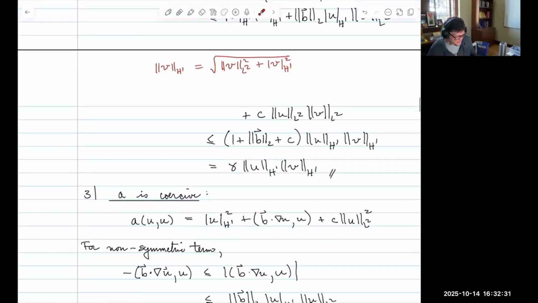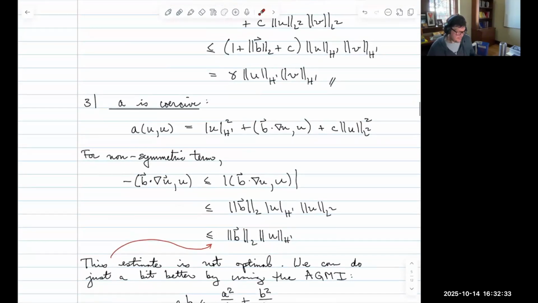The harder part is showing that A is coercive. I have to show a lower bound for A(U,U). So you replace the test function by the function U. By definition, this is equal to these three terms. Now, it's not clear why I'm going to do this, but let's start by examining this term and putting a minus sign in front of it. You'll see why I want to do that momentarily.